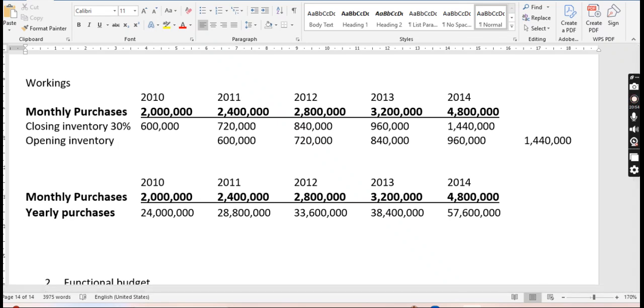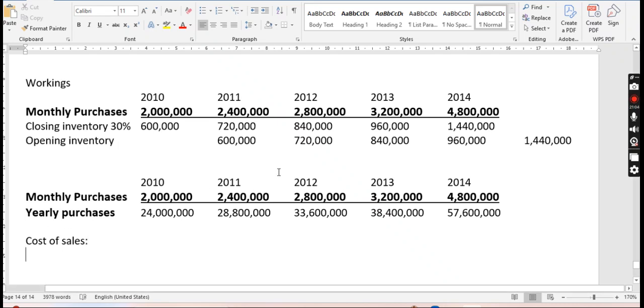Now, the cost of sales for each year. How many years do I need? 2012. That is what I need, right?